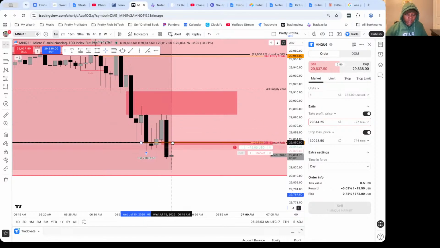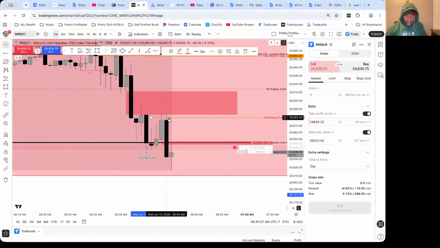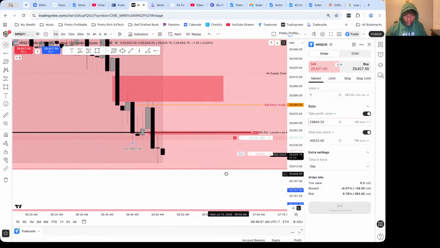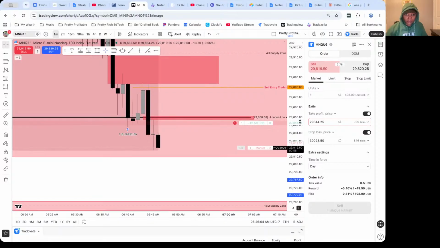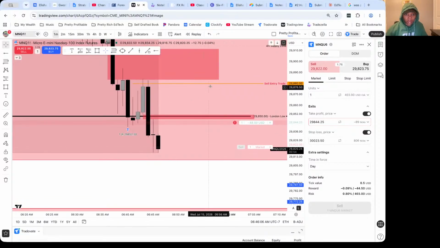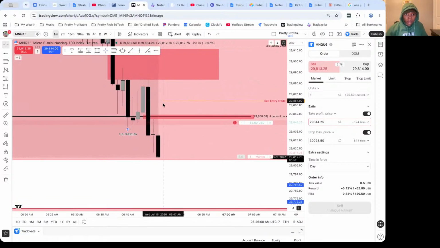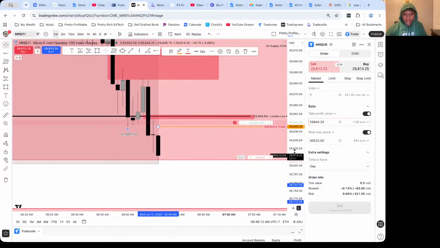Well, that's where I entered at. That's where I exited at though. So it was in here. So this is the next best thing. So we got a rejection candle here. Oh, it's just dropping right now.